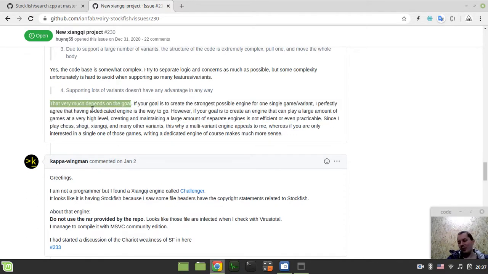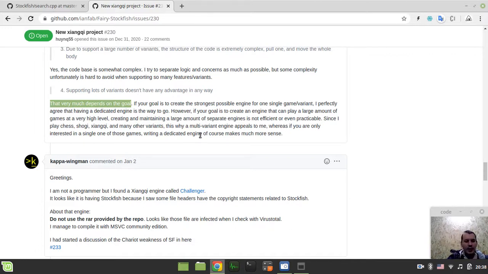And this is the core difference between the goals of Fabian and Howley. So if your goal is to create the strongest possible engines for one single game variant, I perfectly agree that having a dedicated engine is the way to go. However, if your goal is to create an engine that can play a large amount of games at a very high level, creating and maintaining a large amount of separate engines is not efficient or even practicable.